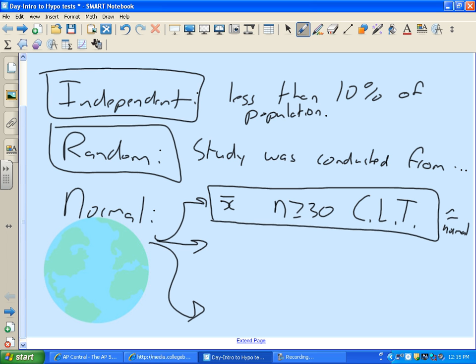Okay? So that's number one. And we would say something like sample is sufficiently large, so the central limit theorem applies. Therefore, our sample is approximately normal.